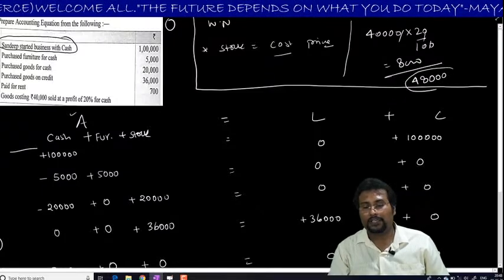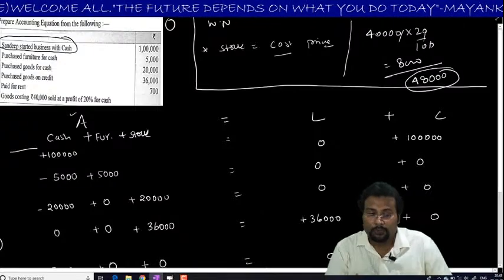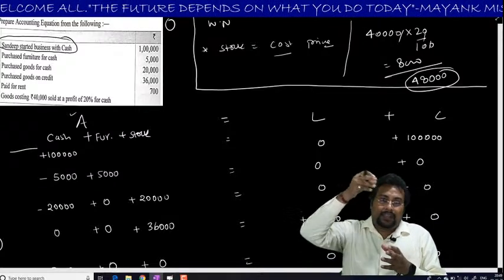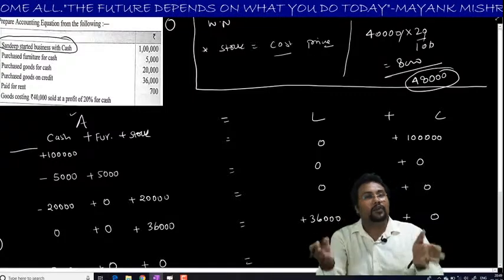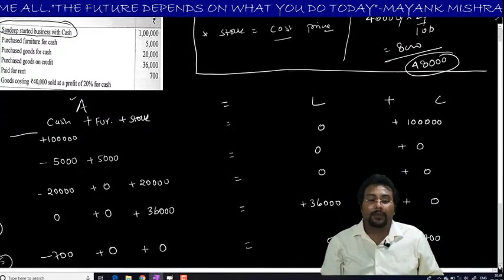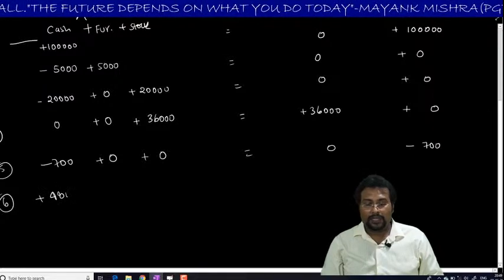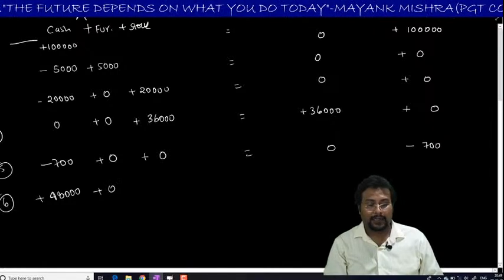So total is 40 plus 8, equal to 48,000. The goods cost is 40,000, we added 8,000 profit and sold the goods at 48,000. So 48,000 cash is coming into the business and will be added in cash.